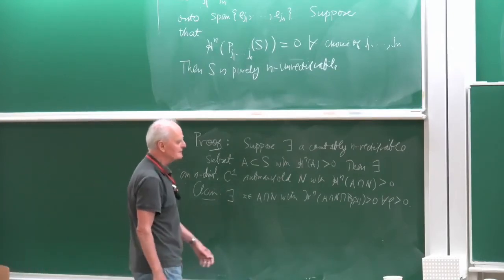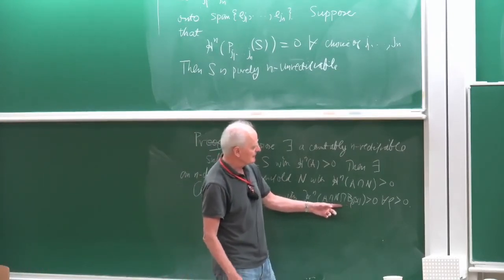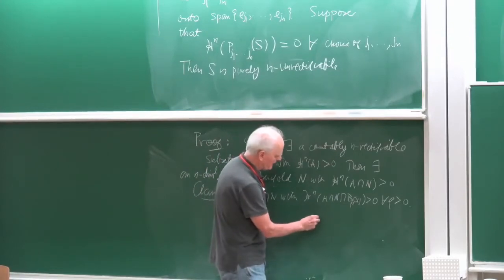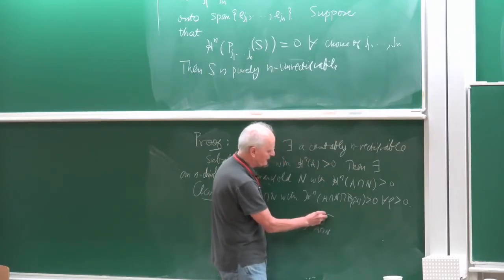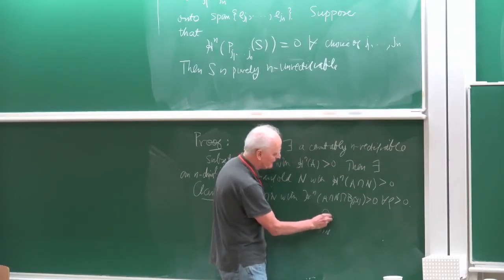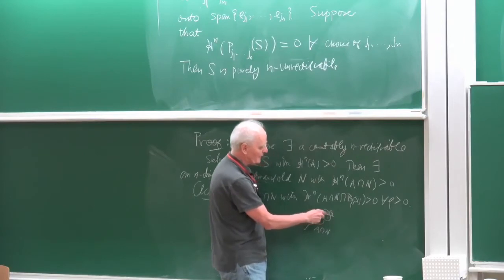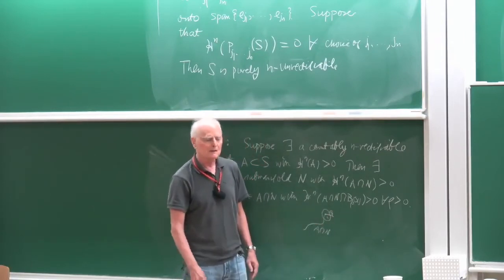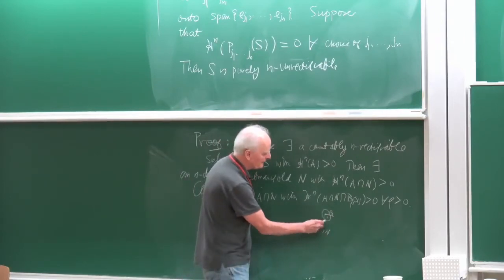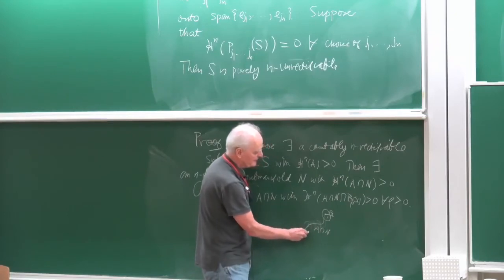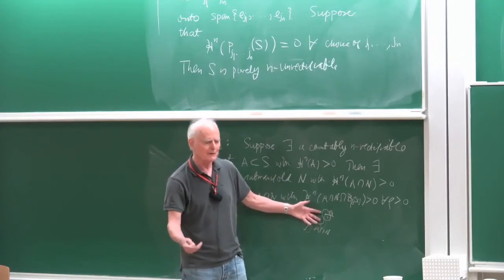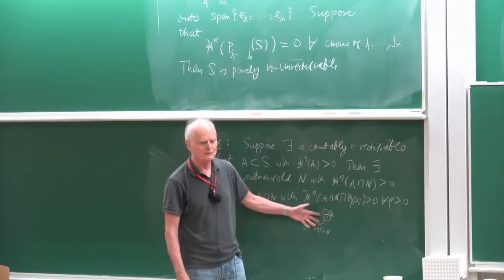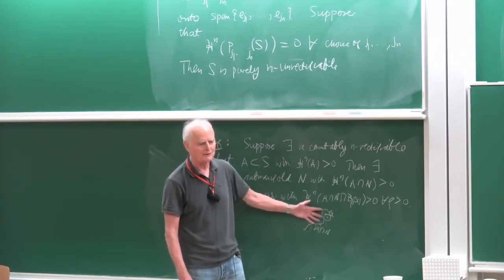And that's pretty easy to see, because otherwise for every x in the set A intersect N, you'd have some radius rho x where the measure is 0, right? But then you can find a countable covering of such things. You can use the 5 times covering lemma for that, because the balls of radius rho x over 5 can be made disjoint.